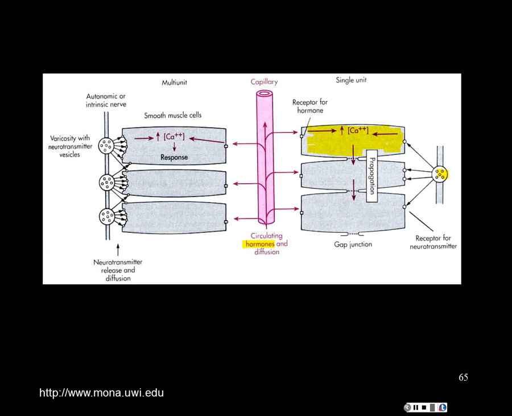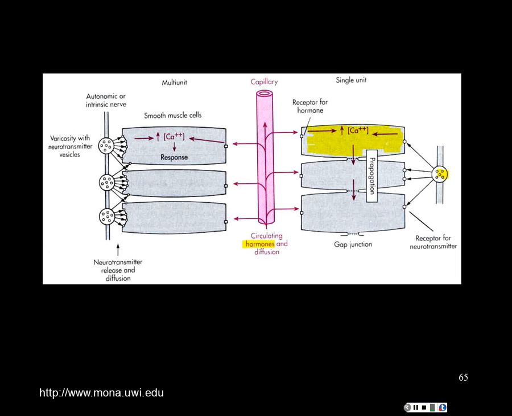From your handout, if I label this pacemaker, what should I label the other cells as then? Contractile cells. So label each of the remaining two as contractile cells. The job of the contractile cells is to contract.